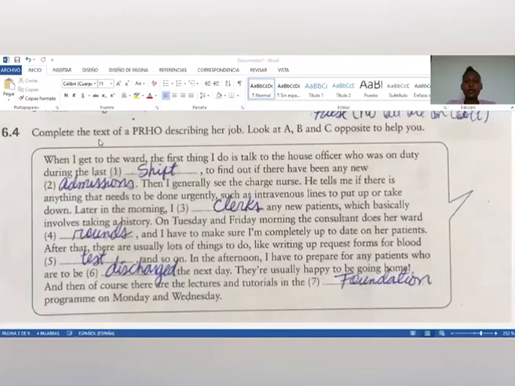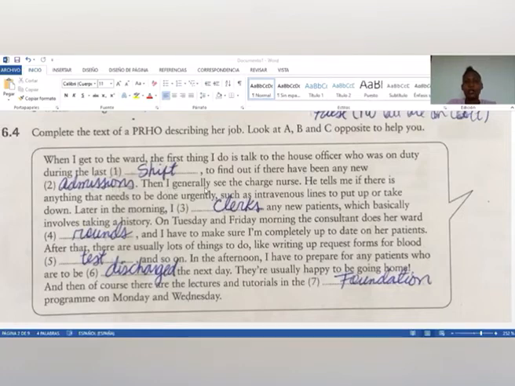Read the text of a pre-registration house officer describing her job. Look at A, B, and C opposite to help you. When I get to the ward, the first thing I do is talk to the house officer who was on duty during the last shift to find out if there have been any new admissions.